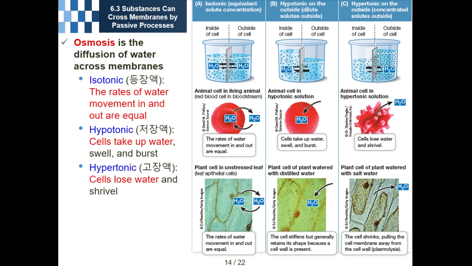However, when we put our red blood cell in a hypotonic solution, it means that inside we have lots of the molecules like this, and outside there is less.